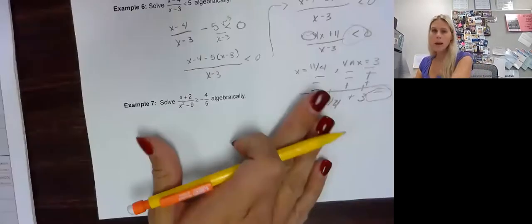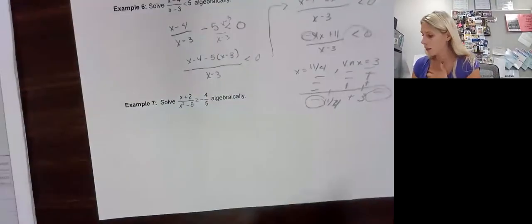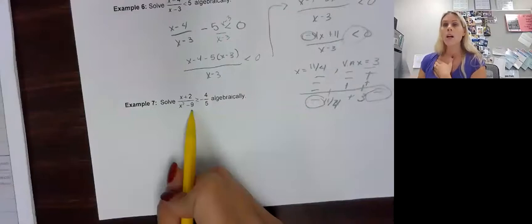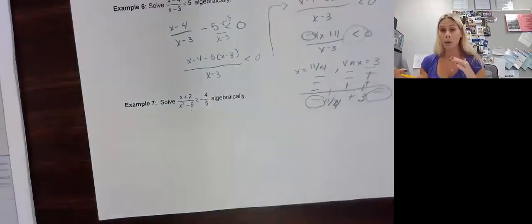Okay, let's practice some of that algebraically with those fractions and everything like that, okay? So this one we did already on the other page, but we're gonna do this a whole different way algebraically, okay?